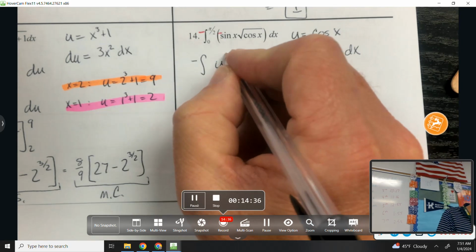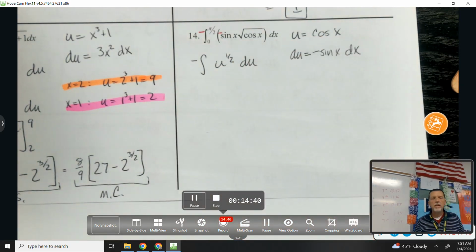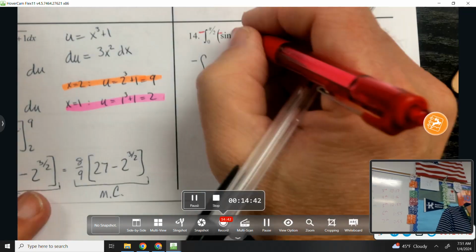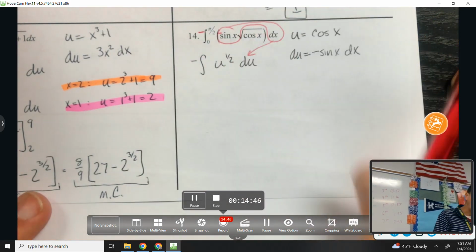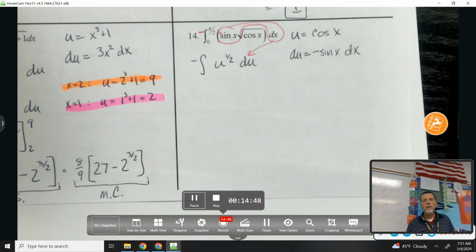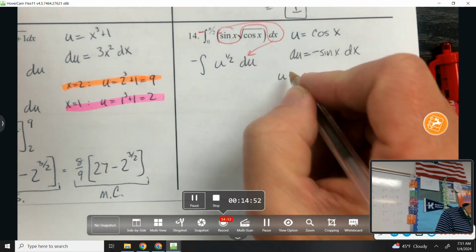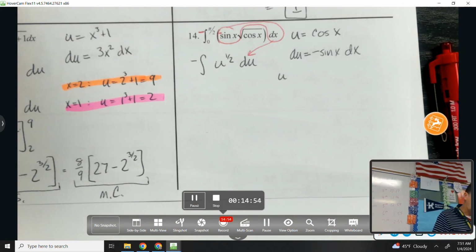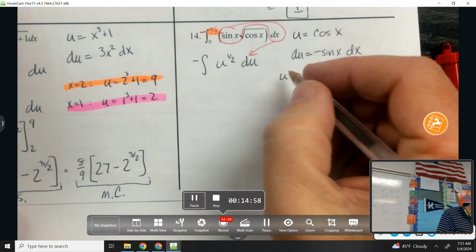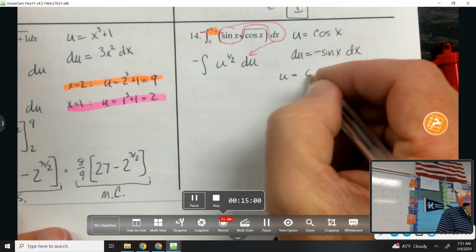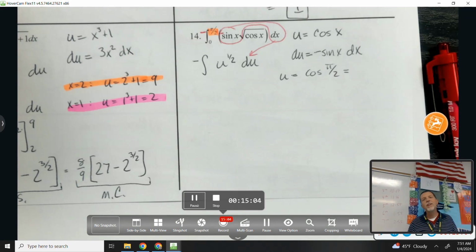Let's see, this is another u to the 1/2 du problem. Right, because this negative sine x combined with dx, that's du. So now it's just changing the limits. So for pi over 2, cosine of pi over 2.